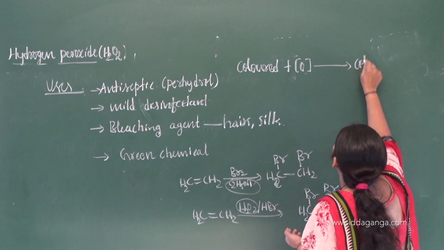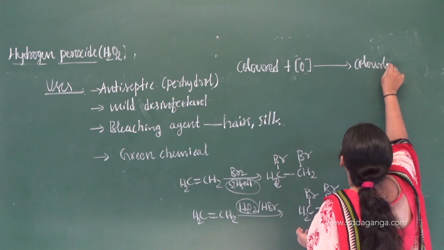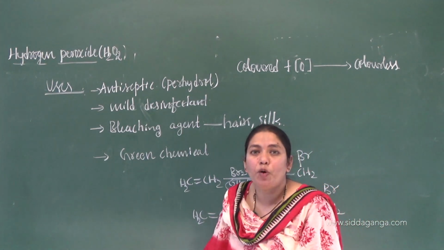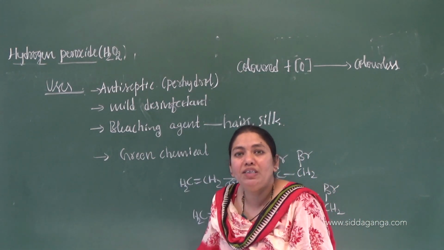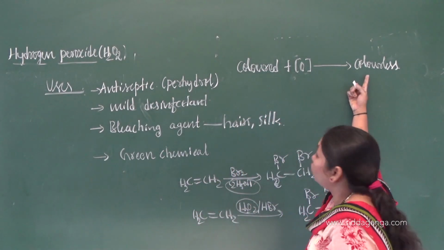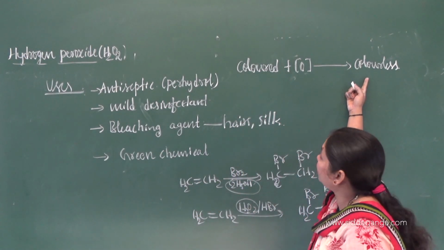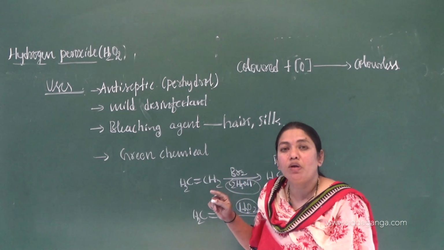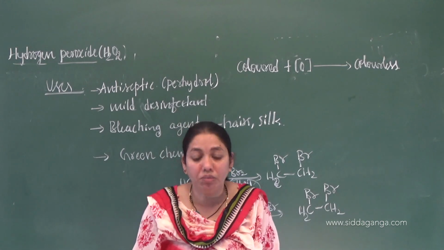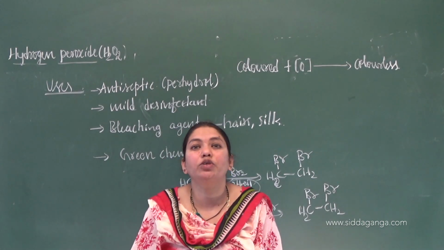So it will be converted into colorless. This is one more simple and important reaction to show the bleaching action of hydrogen peroxide. The colored substance will be converted into colorless because of its oxidizing nature. That is one more important concept. So these are all the important concepts with reference to hydrogen peroxide.